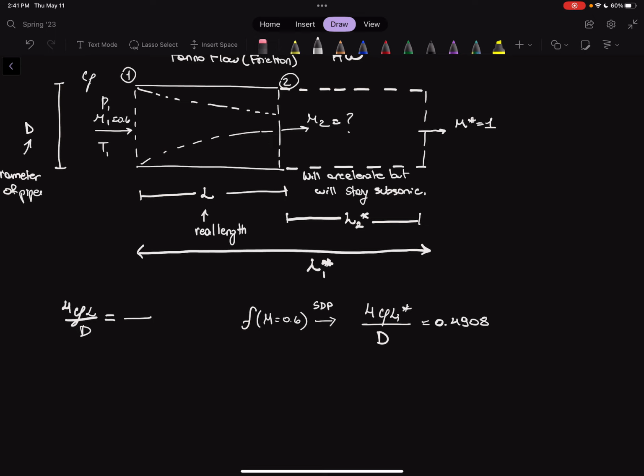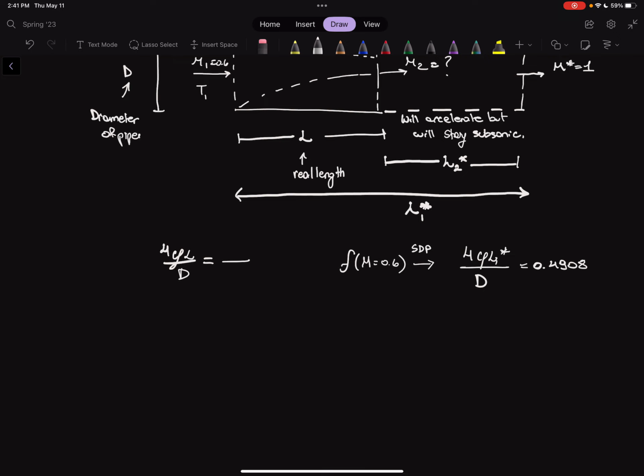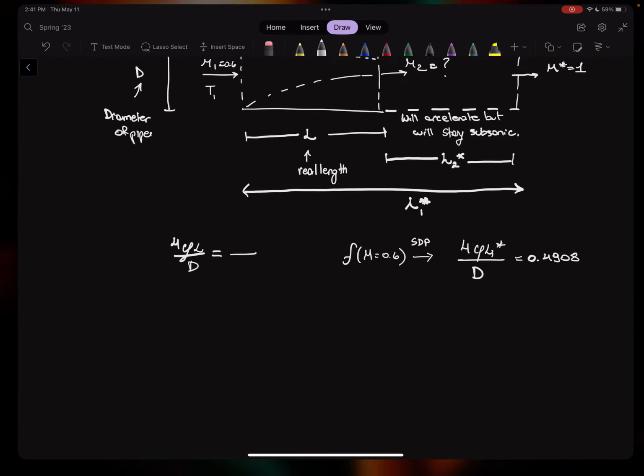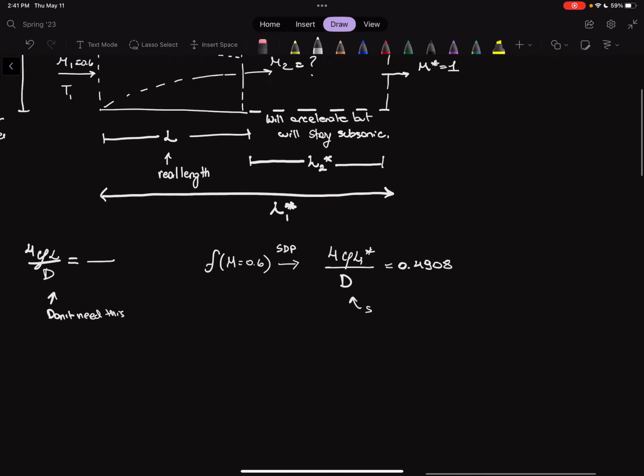So if you do this divided by this, you're gonna get L1 star. Actually you don't even need this. I'm thinking about the easiest, fastest way to do that. You don't need that actually. Once you have this, you can solve that for L1 star, because you know CF and D. So that will give you L1 star equals something.